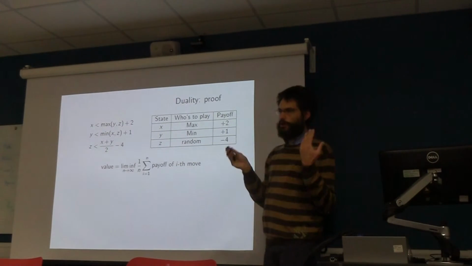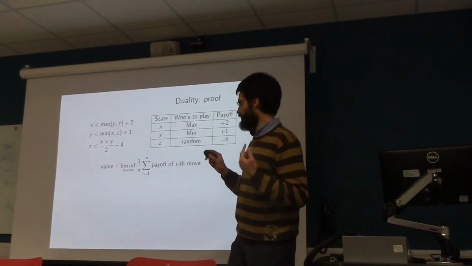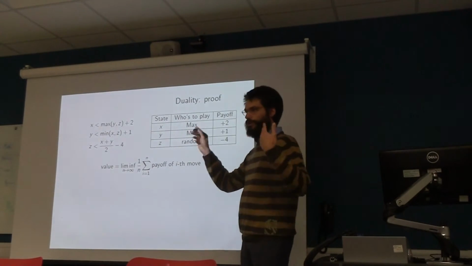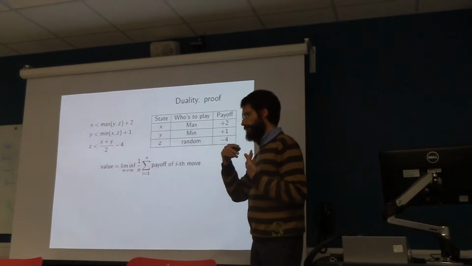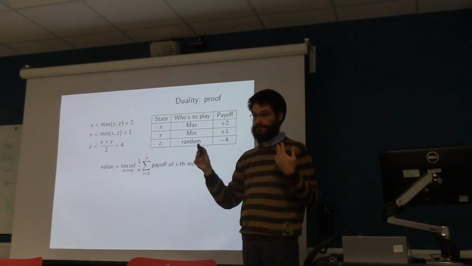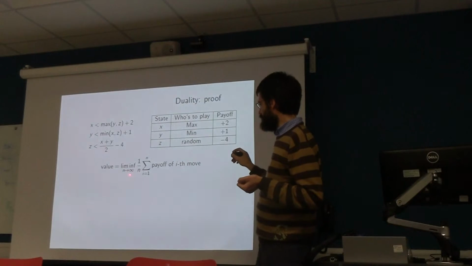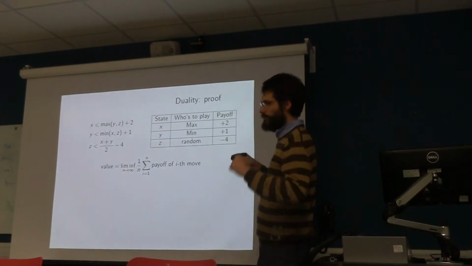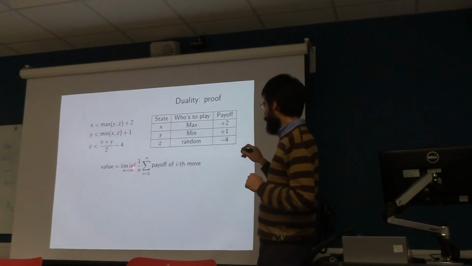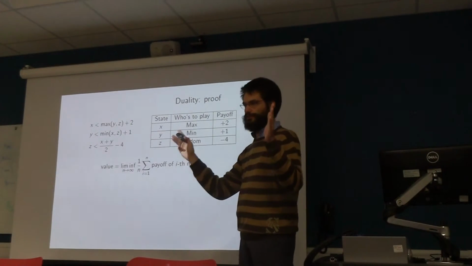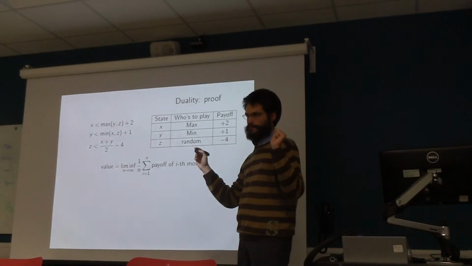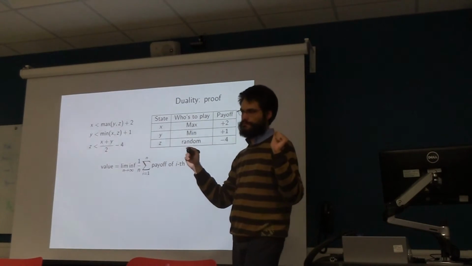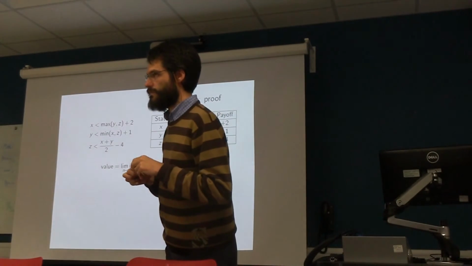Then we make a long-running average of the payoffs. They play for infinite time, and the value of the infinite game is the limit, the inferior limit, of the averages of the first n moves. And how is the play chosen?